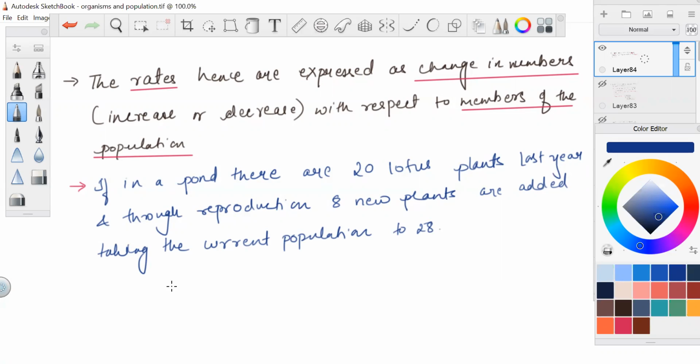So how will we calculate the birth rate? We calculate the birth rate as the number of individuals added. So there are 8 new plants.